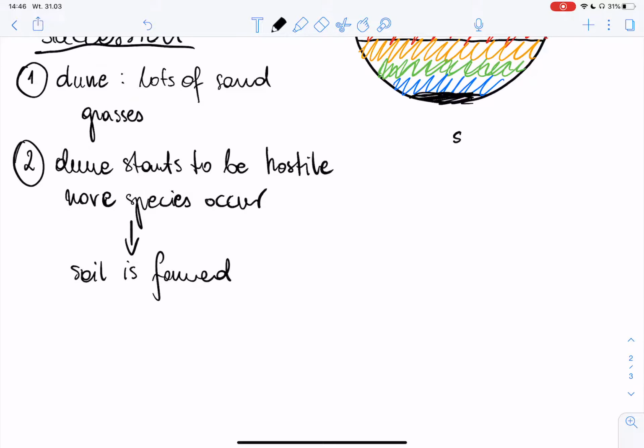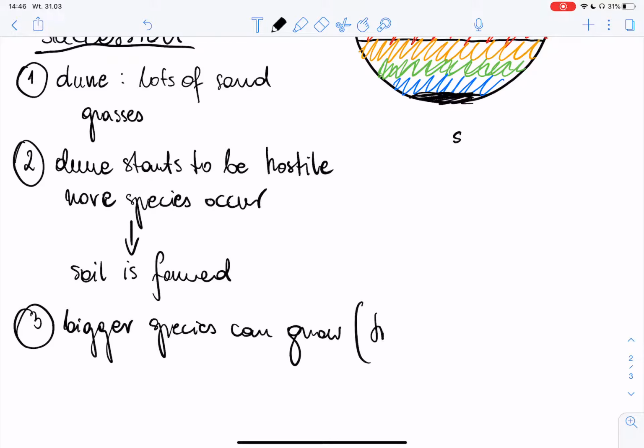And once the soil is formed, bigger species can grow. And by this I mean trees. And there are two species of trees that are called the pioneer trees, which are pine, which doesn't have any requirements regarding the soil, just a little bit of humus, but not too much, and lots of sand, and pines will grow perfectly well.